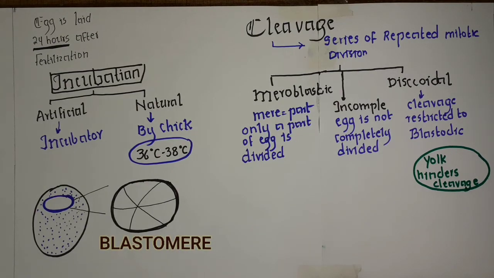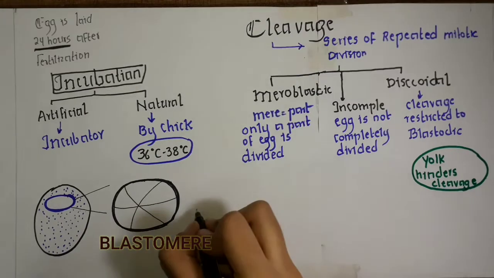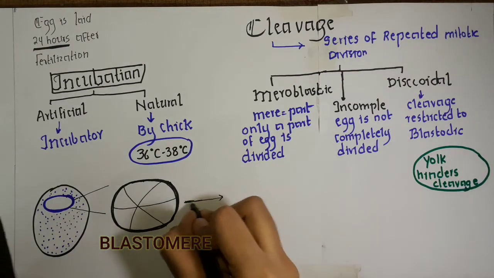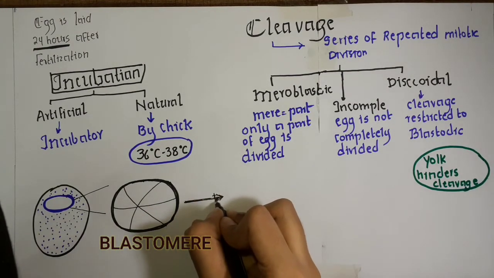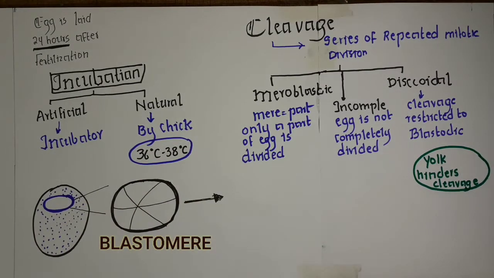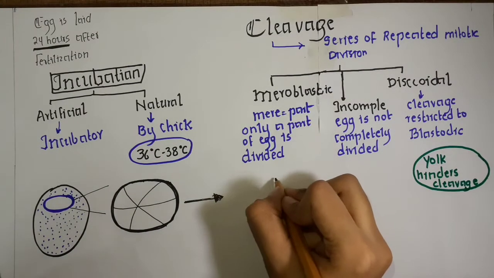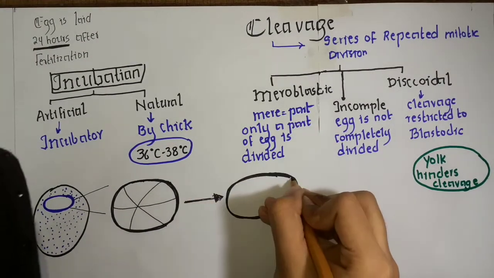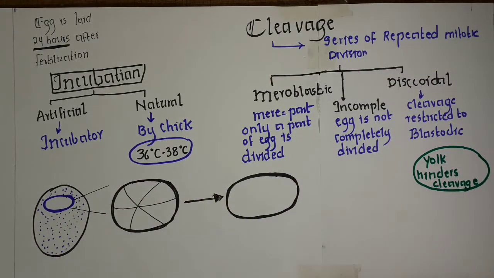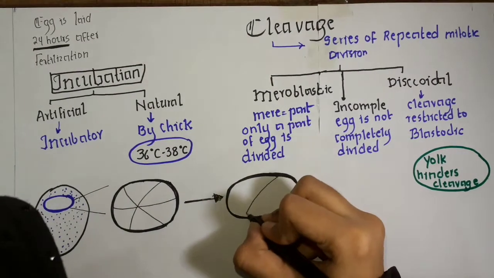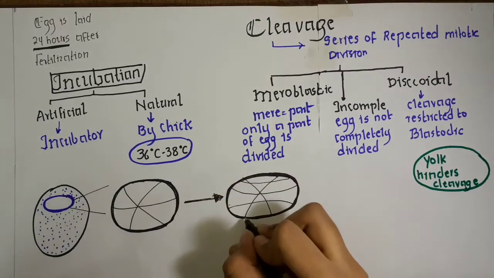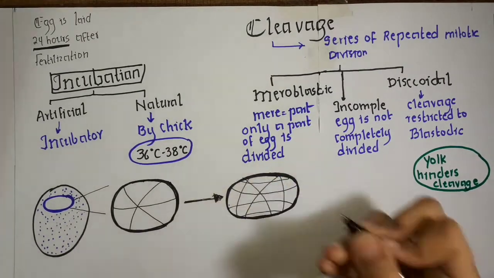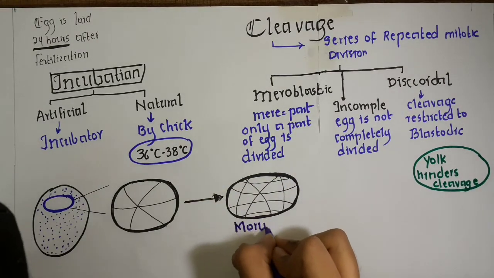The special name of these cells is blastomeres. And now after these 3 cleavages, the cleavage becomes so random and so rapid that millions and millions of cells are formed. The stage having a large number of blastomeres is called the morula, resembling the mulberry shape.